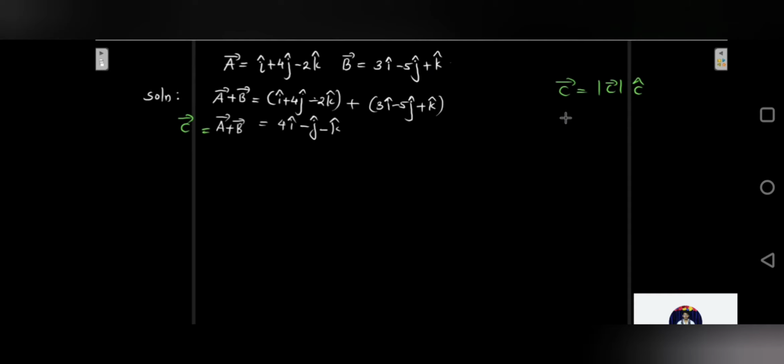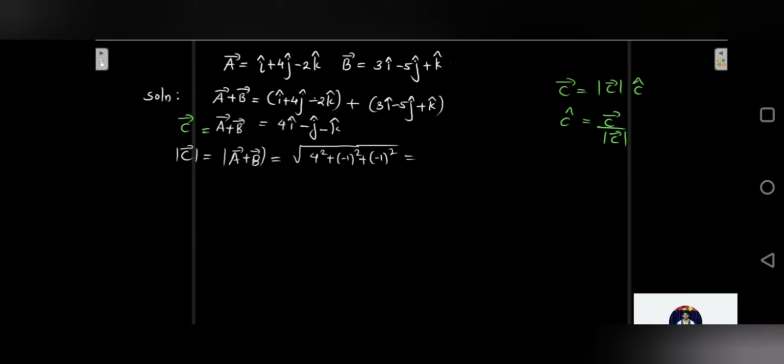Okay, so what will be direction of c? It is going to be vector c upon magnitude of vector c. So for that we require the magnitude of vector c. So we'll find out the magnitude of vector c. So magnitude of a plus b, which is magnitude of c, will be equal to root of 4 square plus minus 1 square plus minus 1 square.